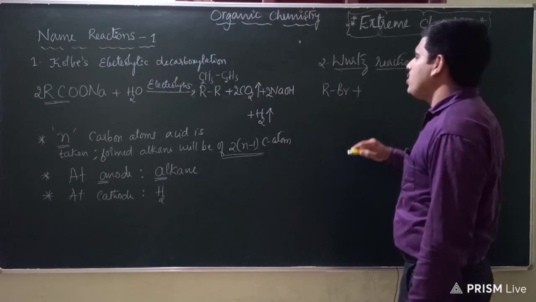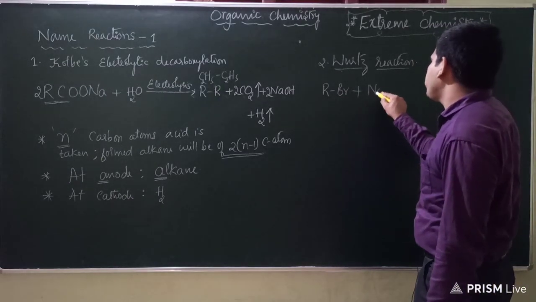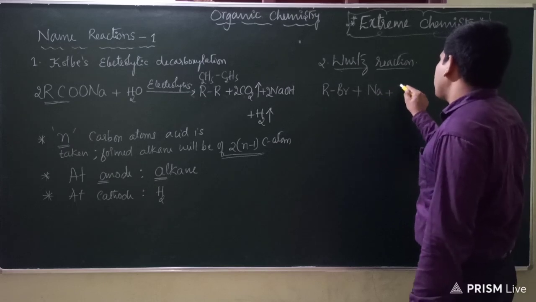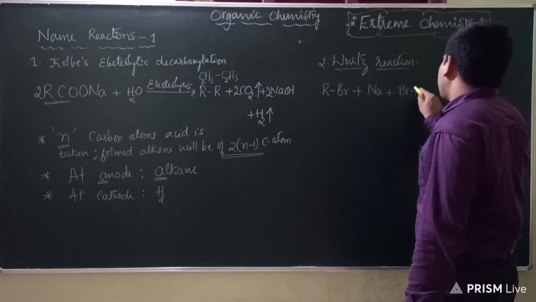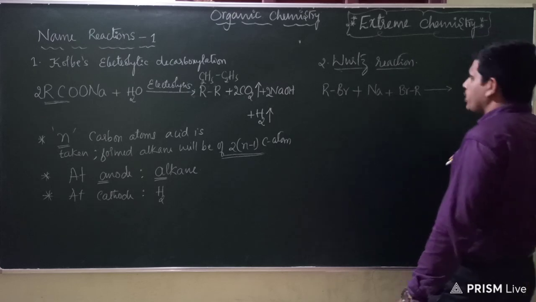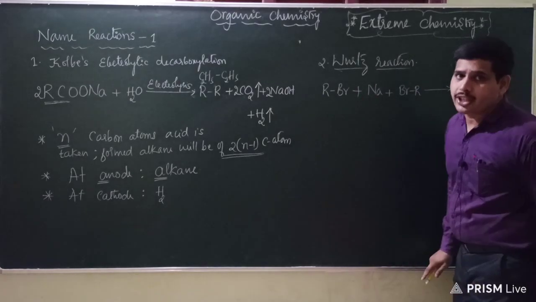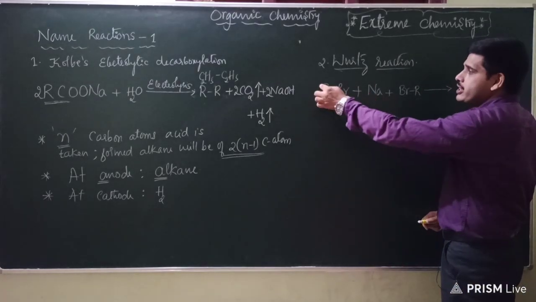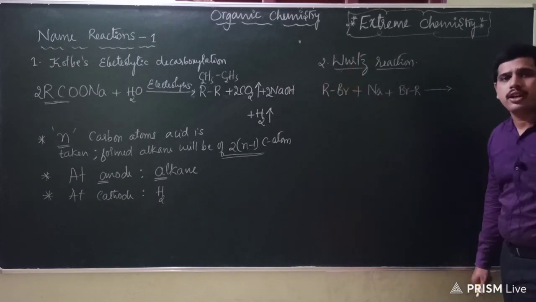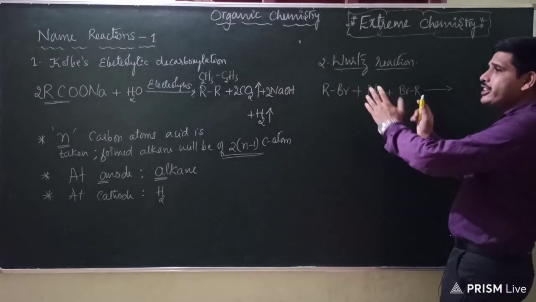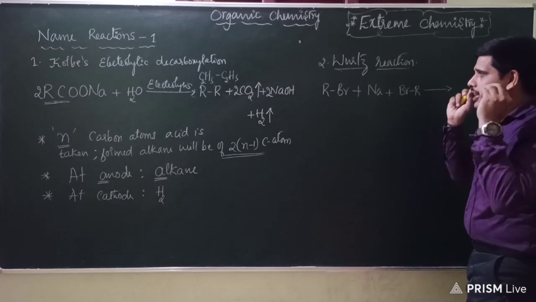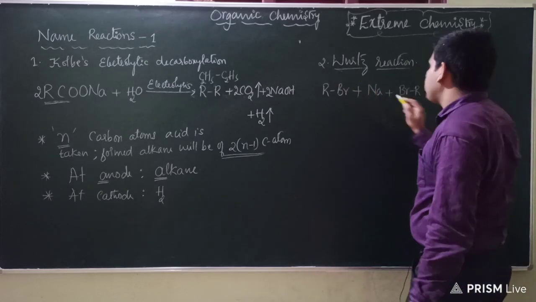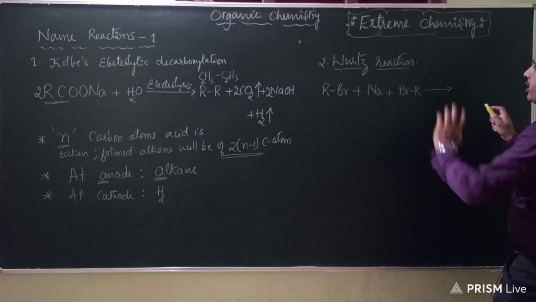So when haloalkanes are treated with sodium metal, I'll write one more molecule like this, RBr, in order to remember this method for a longer time. I have written it like this, otherwise it would have been taken as 2 times RBr. But if you write like this, you can remember this particular method and the removal of the byproduct.